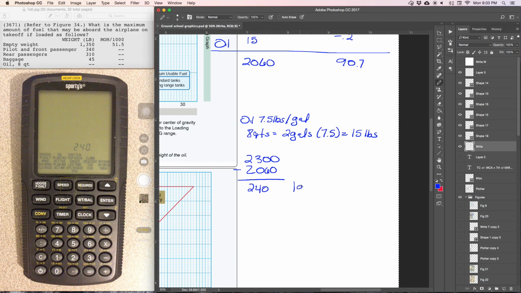And remember, 1 gallon equals 6 pounds. So if we were able to use all of the 240 pounds for fuel, it would be 240 divided by 6, which is 40 gallons.